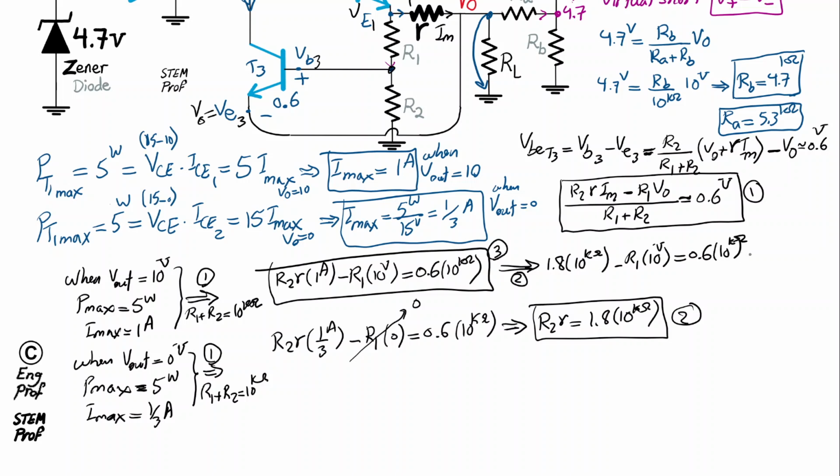So in this case, obviously what I get is R1 times 10 is equal to 1.2, and as a result I get this outcome. R1 should be equal to 1.2 kilo ohm.